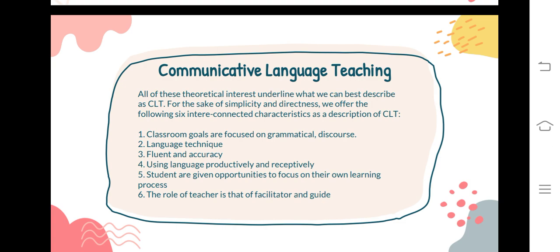The first is classroom goals are focused on grammatical discourse. The second is language technique. The third is fluency and accuracy. The fourth is using language productively and receptively. The fifth is students are given opportunities to focus on their own learning process. And the last point is the role of the teacher is that of facilitator and guide.